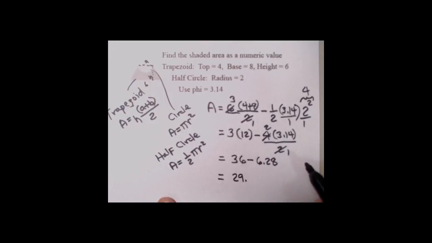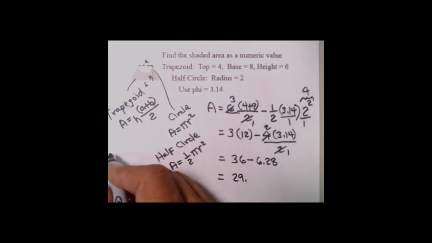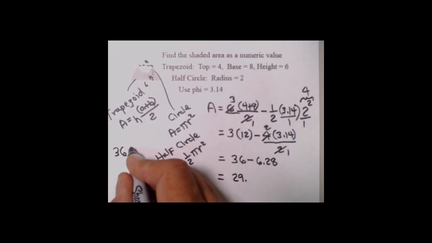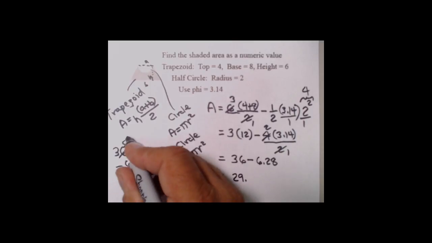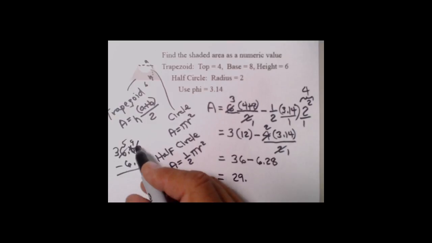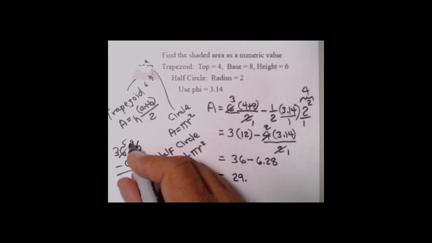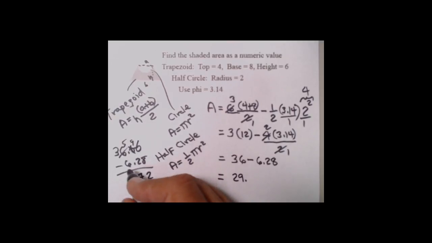from this, remember what we're really doing. I can put it over here to show you. 36.00 subtracting 6.28. We had to do some borrowing here. 5 or 10 here, borrow from that. So I have 10 minus 8 is 2, 9 minus 2 is 7, and then of course this is where I got the 29, 35 minus 6.